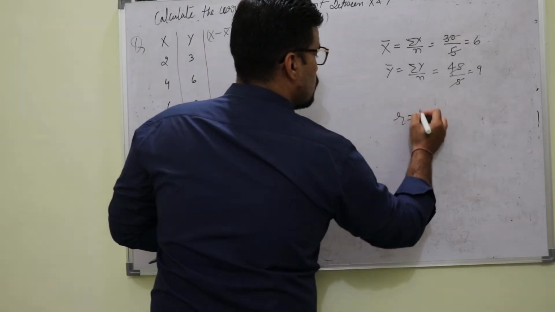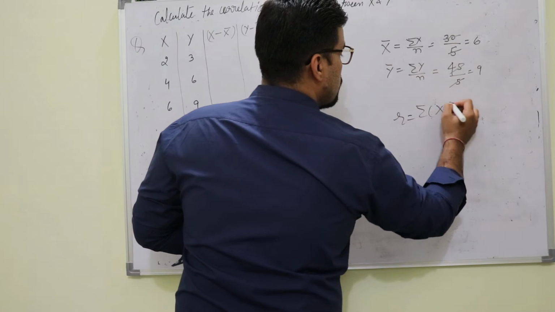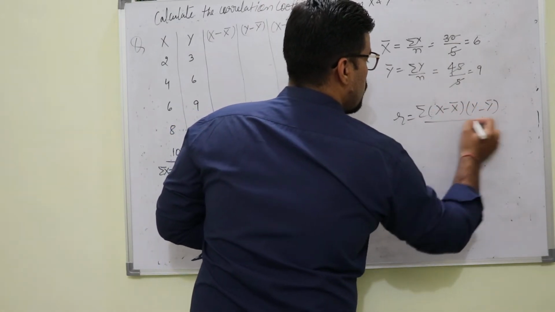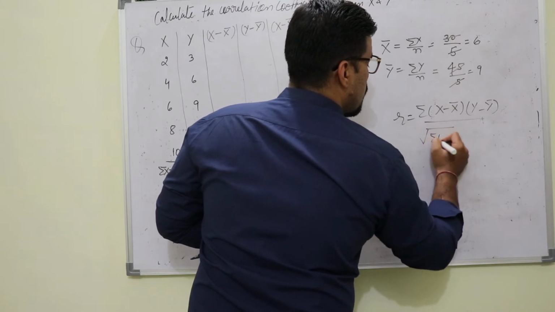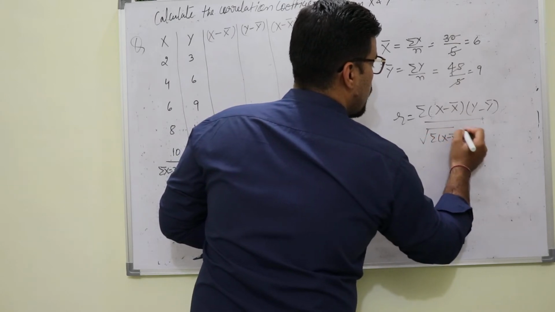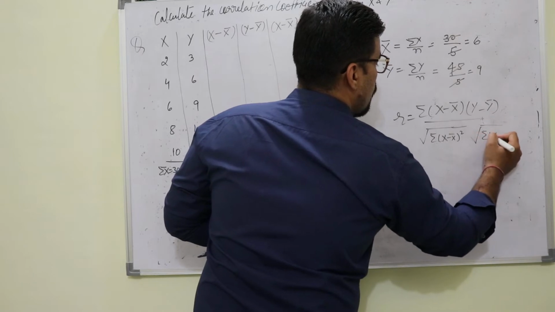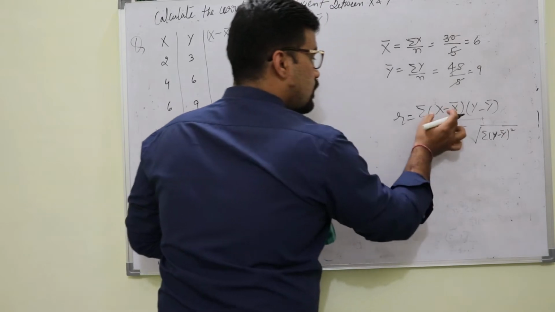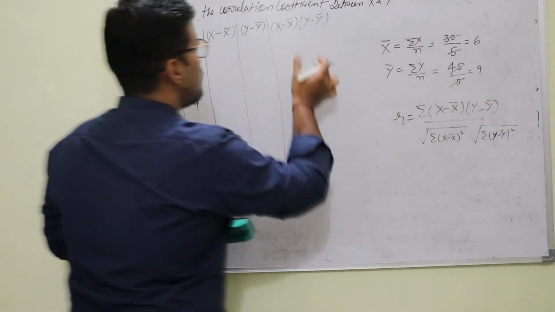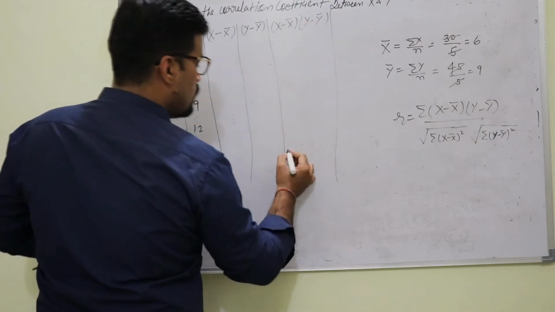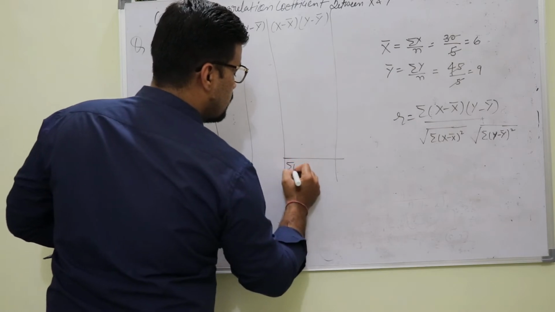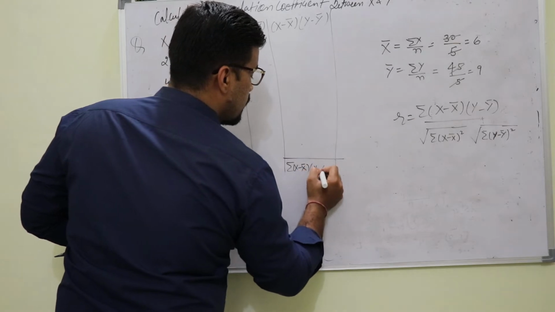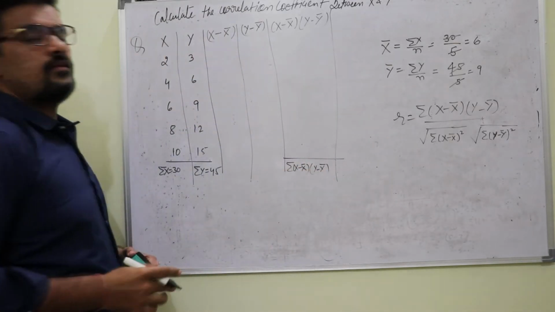So R is equal to sigma (x minus x bar)(y minus y bar) upon root of sigma (x minus x bar) square times root of sigma (y minus y bar) square. So I need the total of (x minus x bar) into (y minus y bar). So the total of this column will be called sigma (x minus x bar)(y minus y bar).